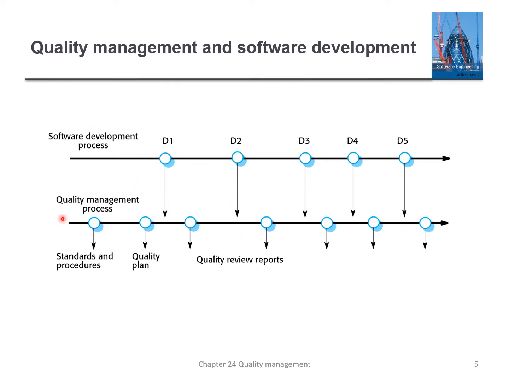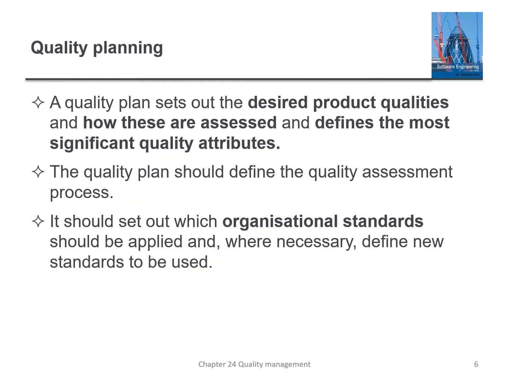So this is where the quality management process comes in, where in the beginning they decide the standard and procedure that they want to achieve, and then for each project they have the quality plan, so that they set the time, the scope, and the processes that they are going to follow. Then they will perform the review. The review means they will perform the checking based on the standard and procedure.